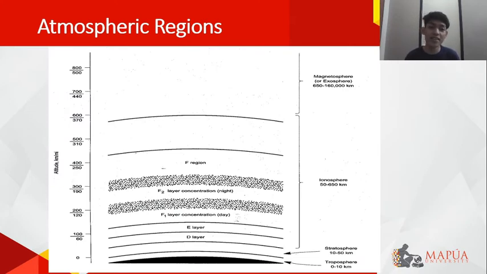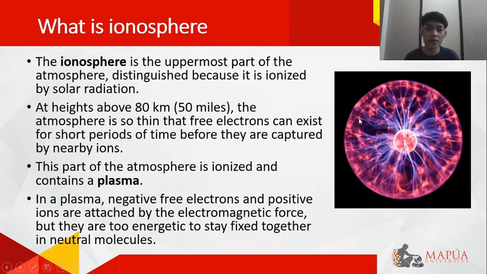Presented on the screen are the atmospheric regions with increasing altitude. You can see at the bottom is the troposphere, the stratosphere next to the troposphere, and then the ionosphere and the magnetosphere. So what is the ionosphere?